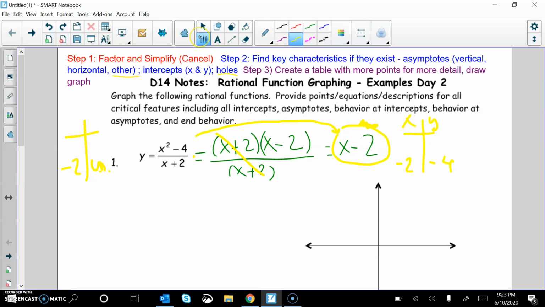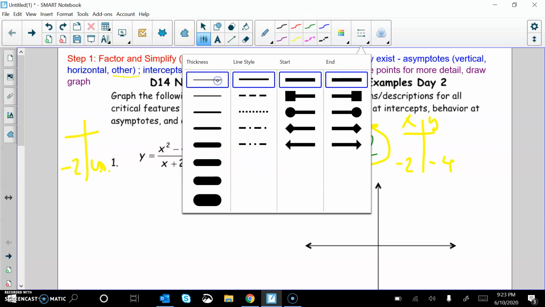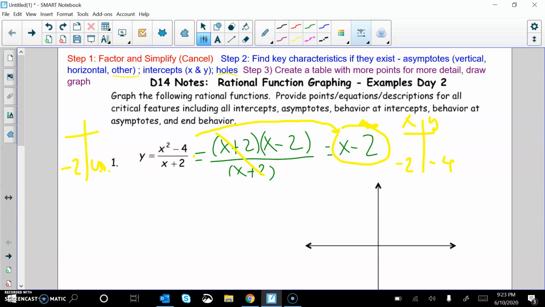Everywhere else, so let's just plug in some random values. Let's plug in something that's going to work out nice. Let's plug in 4. So we'll get 16 minus 4 is 12 over 6. Plug in 4 and you get 2. I plug in 4 over here, and I'm also going to get 2.